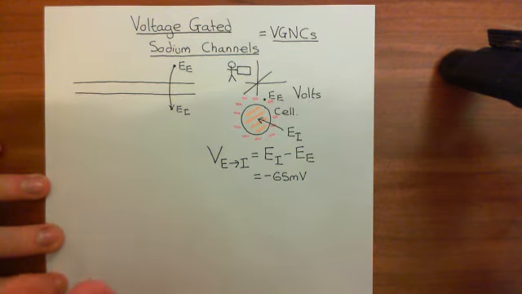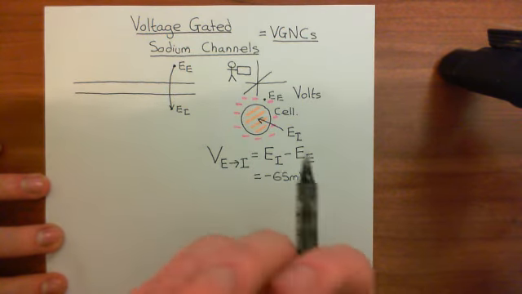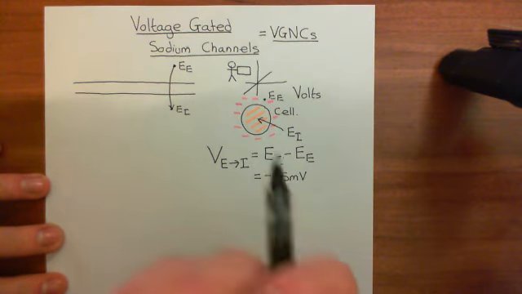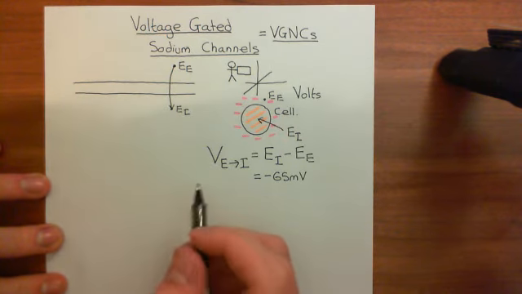If you don't have those, you can't generate an action potential. That's the difference between excitable cells, such as neurons and muscle cells, such as skeletal muscle and cardiac muscle cells, and a non-excitable cell, which can't fire action potentials.